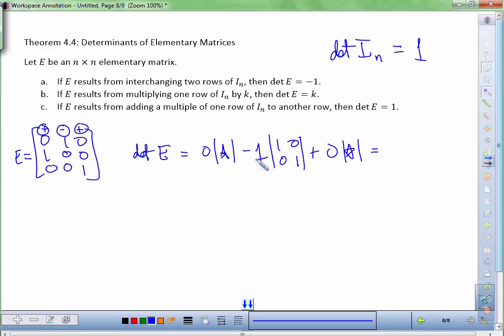So we get -1 times 1. So it looks like it is the negative of the determinant of the regular identity matrix, so that must be true.